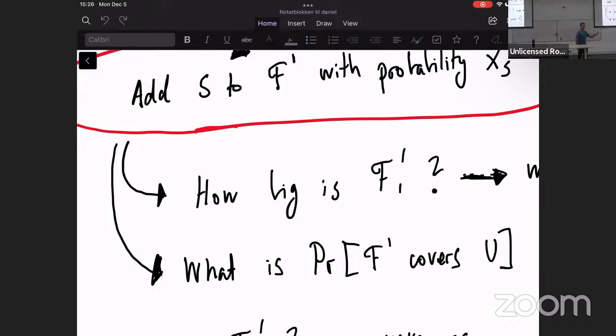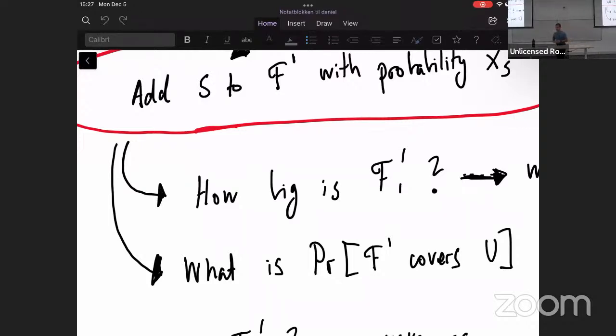It could be everything, it could be nothing, it could cover all of U, it could cover nothing of U. So all of these statements, how big is it, does it cover U, have to be probabilistic statements, like the probability that it is at least this big is at most that, the probability that it covers is, right? These are the kind of statements we want to make.